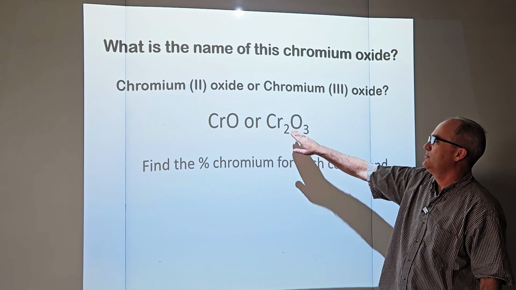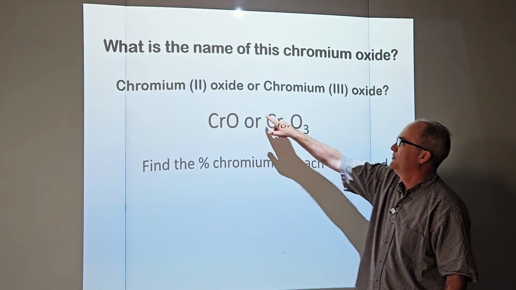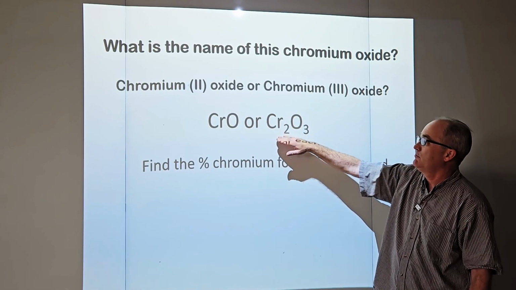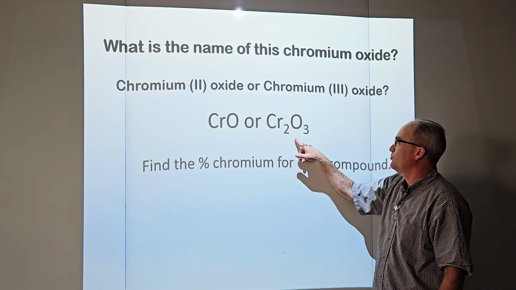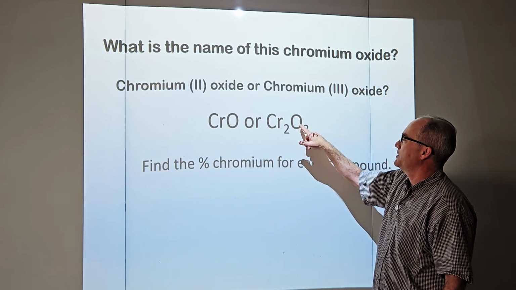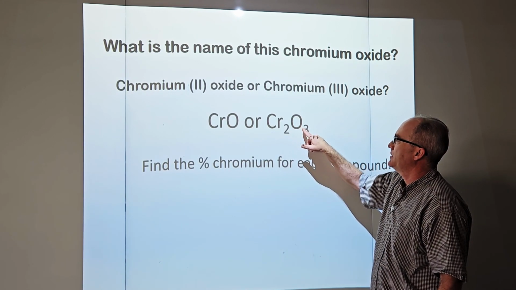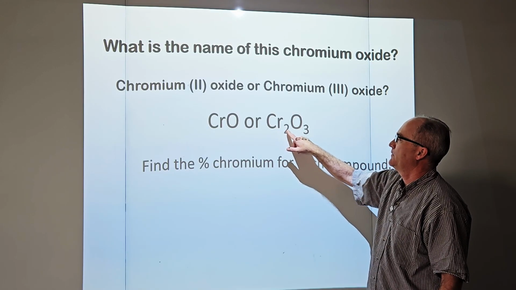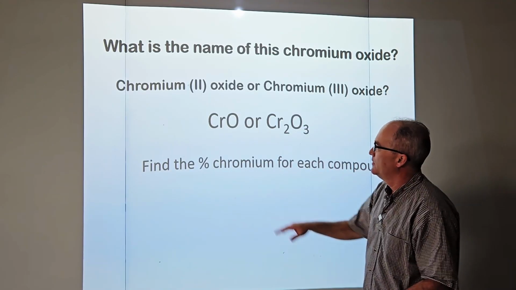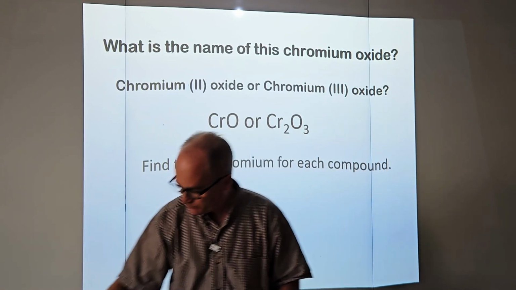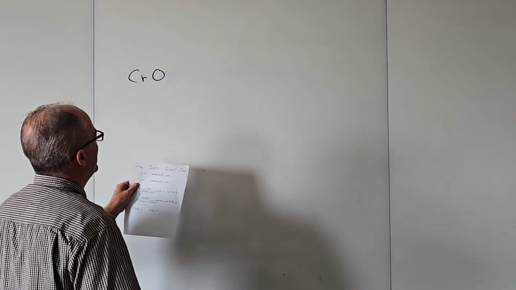Some of you are drawn to the 2 and you wanna hook these up. No, what's the name of this compound? Chromium 3. 3 oxygens times -2, that's like a -6. We're gonna have to go 2 times a +3. Yeah, so this is chromium 3, this is chromium 2. So there's my chromium 2.